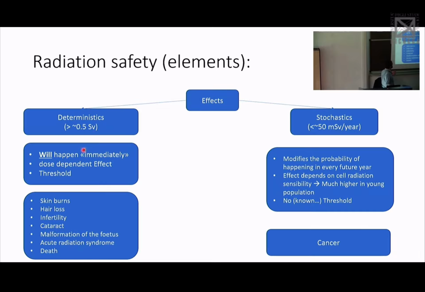This is, if you take this high dose, next week you will have this effect, or tomorrow you will have a skin burn. This is maybe in the next 60 years you will develop something. This is also much, much harder to quantify.